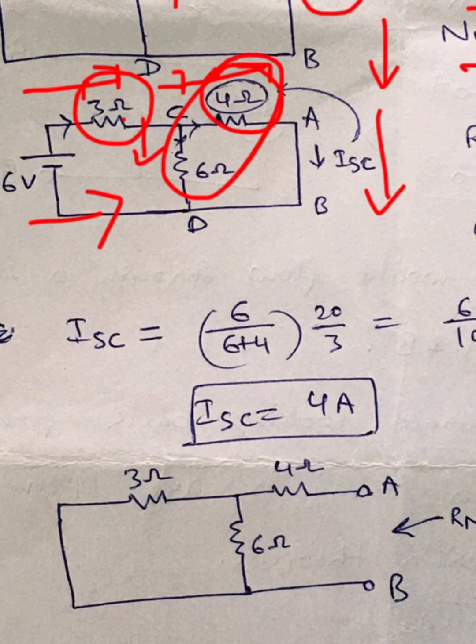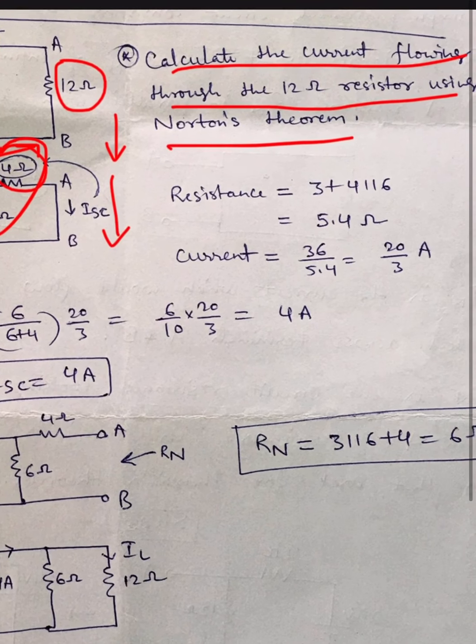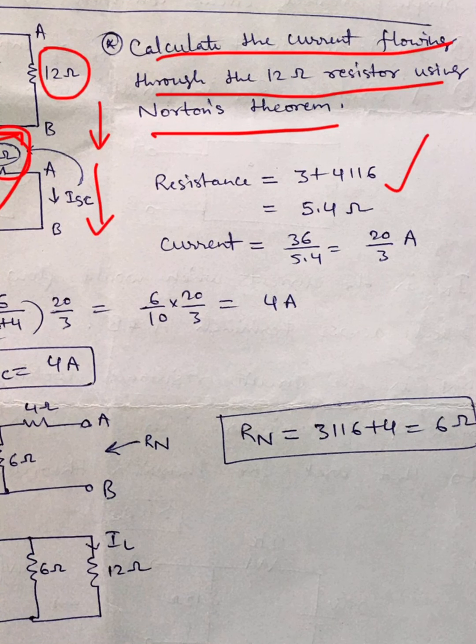Okay, so 3 plus 4 parallel 6. This is the total resistance. So it will come out as 3 plus 2.4, so it will be 5.4. Here you can see 3 plus 4 parallel 6, 5.4. Current will be 36 divided by 5.4, which will be 20 by 3 ampere. Okay.